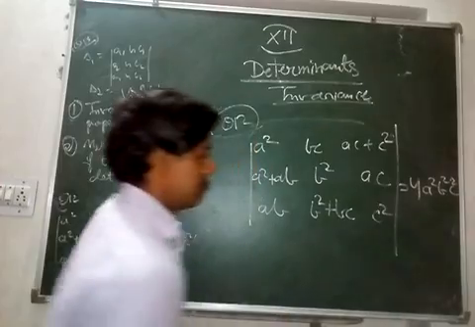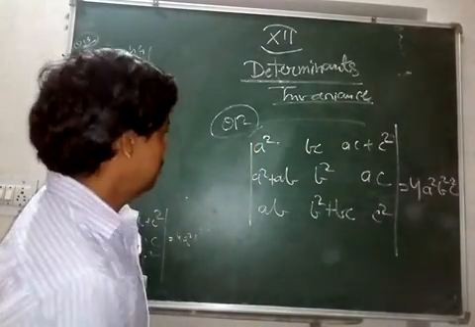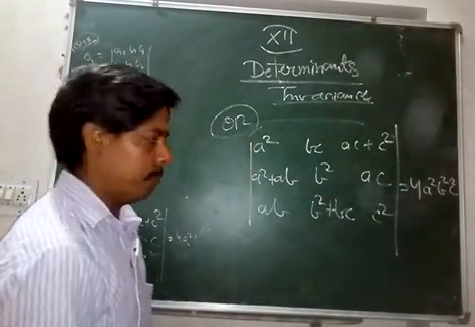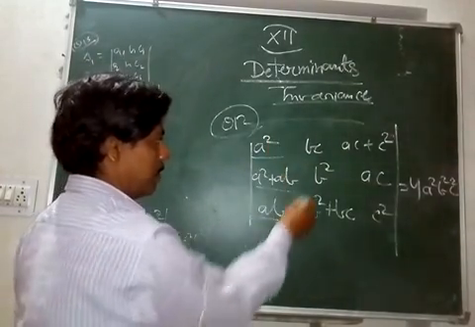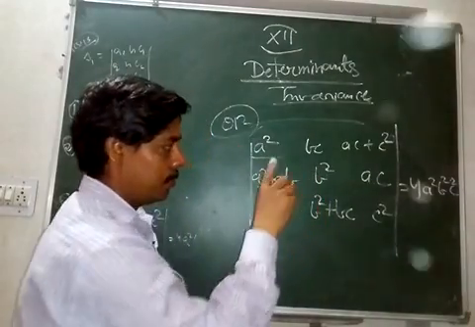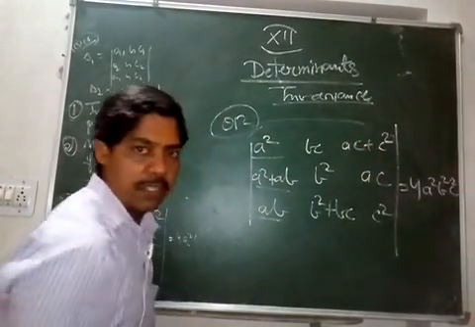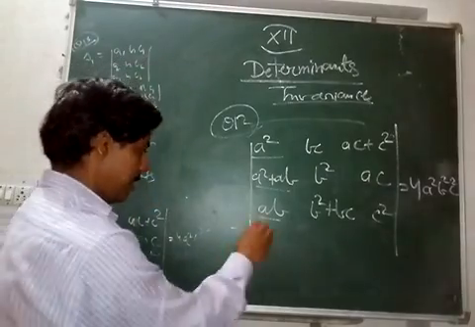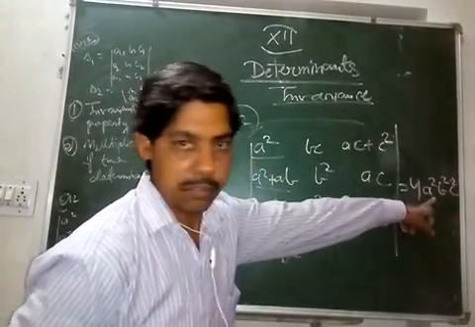Now to solve this, you have to understand what operations we can perform. You see clearly that a is common in column 1, b is common in column 2, and c is common in column 3. You are getting the hint from here also.